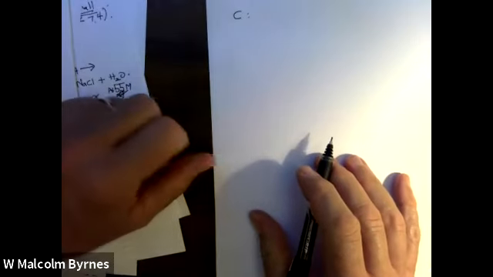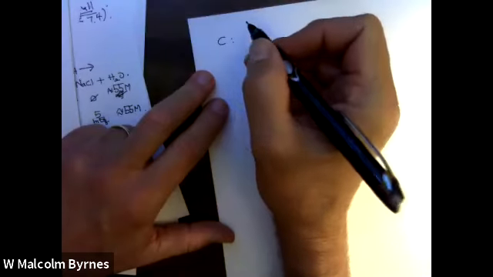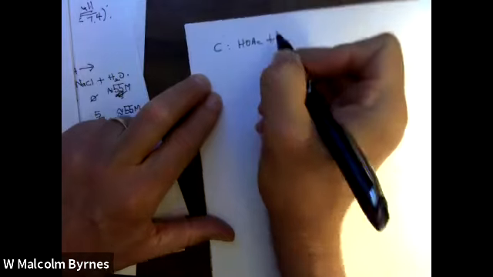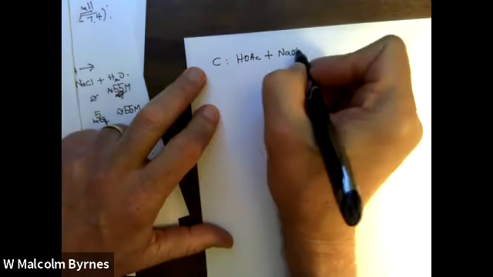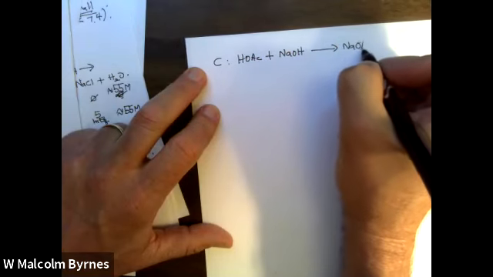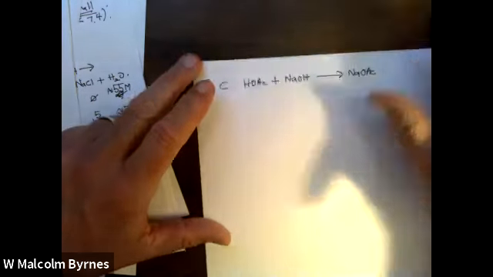Now let's look at point C real quick. That is the equivalence point. What's happening there is that the acetic acid is reacting with the sodium hydroxide to form sodium acetate and water.